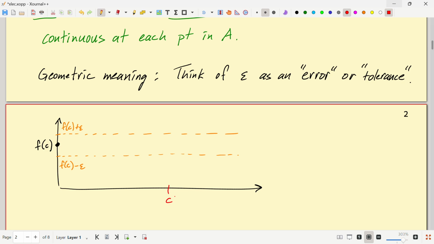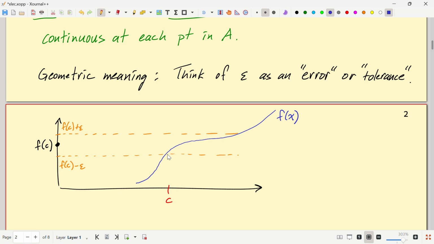And let's say my function, let's see, I want to get a thing that looks steep. Oops, that's no good. I want it to be steep from the left and then kind of go like that to the right. If you think about what delta would squeeze my function f of x into that tolerance band, I can see, aha, well, this side I better be really close, but the other side I could be a mile away and it would still be within that tolerance.